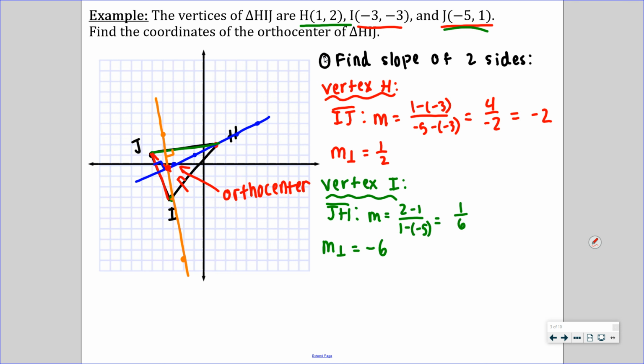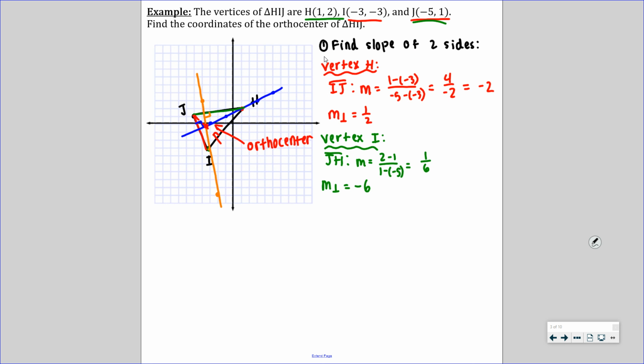And we're going to do it by finding the equations of those two altitudes, the blue and the orange, and then finding where they intersect. Okay, so that's my second step then. Step 2 here. Find the equations of the two altitudes.